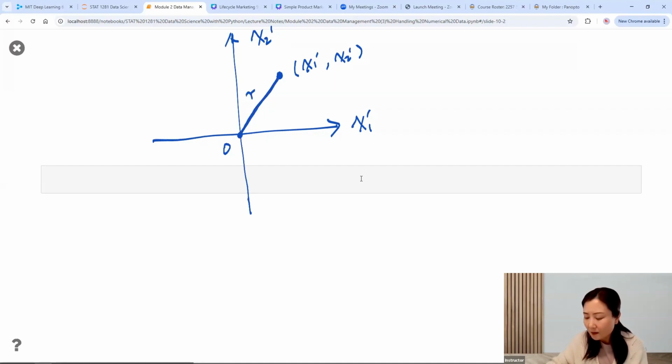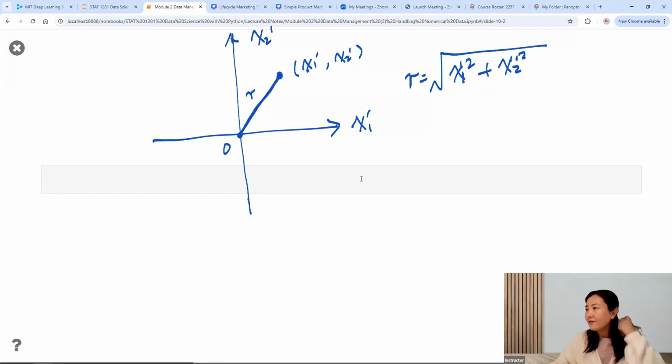The radius, by definition, is equal to the square root of x1' squared plus x2' squared. And we know that after the transformation, the norm is equal to 1. So this is exactly the norm of this vector, or point, is equal to 1.